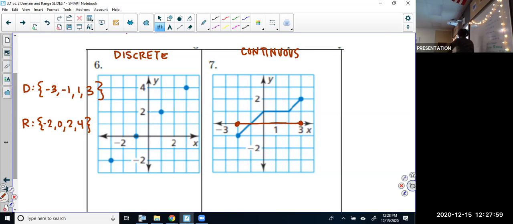So now this is where we want to use our interval notation, because now instead of just having dots, I actually have every space in between -2 and 3, is that right? So my interval notation for the domain, these are both closed circles, so we have to do a bracket -2.